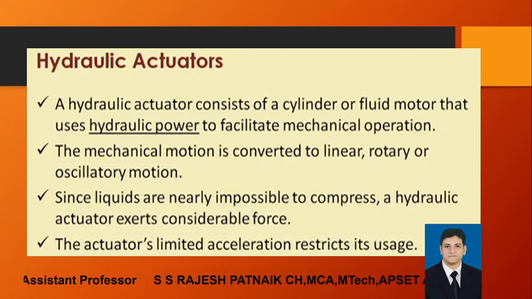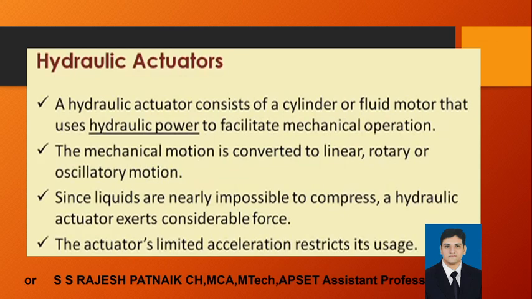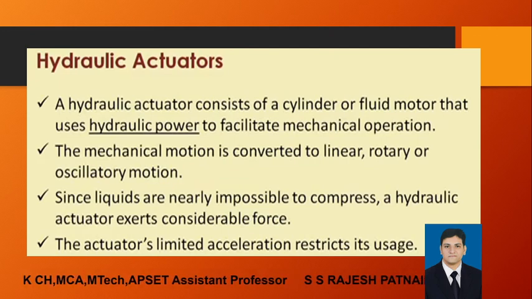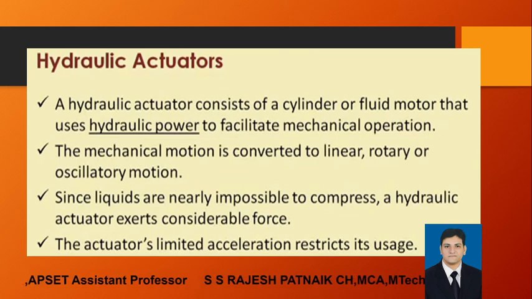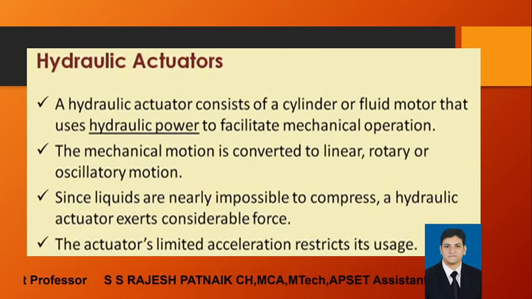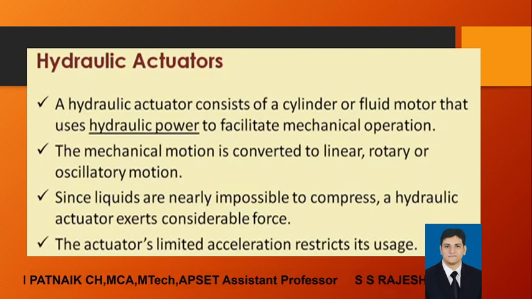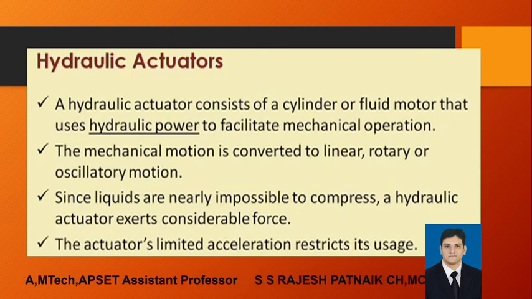For example, since it is nearly impossible to compress, hydraulic actuators accept considerable force. So we need to use a certain force. For example, if we need to push oil into the tank to a certain level manually, the level may differ. But if you use a hydraulic actuator, it will stay at that particular level only.